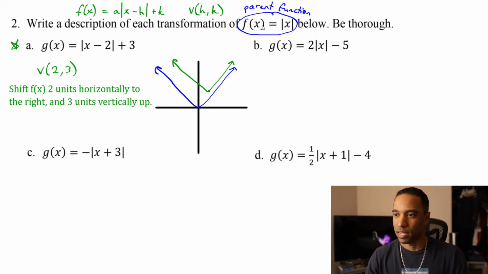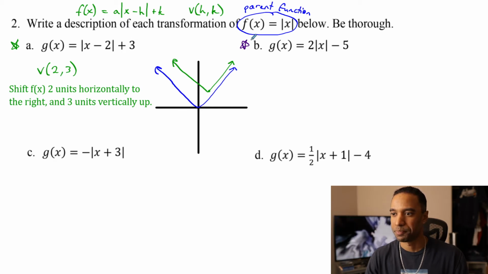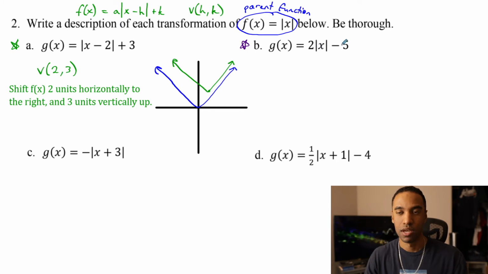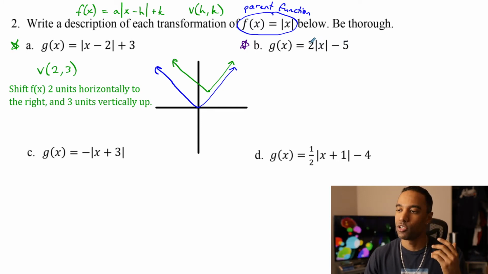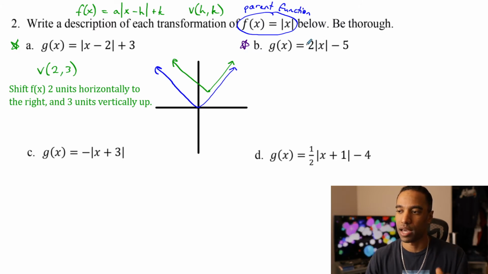All right, part B, a brand new g of x that I'm going to mark in purple. One second, I'm still on my text form. Let's go in purple here for B. All right, so g of x equals 2 times the absolute value of x minus 5. First of all, this 2 is what we really got to adhere to now.